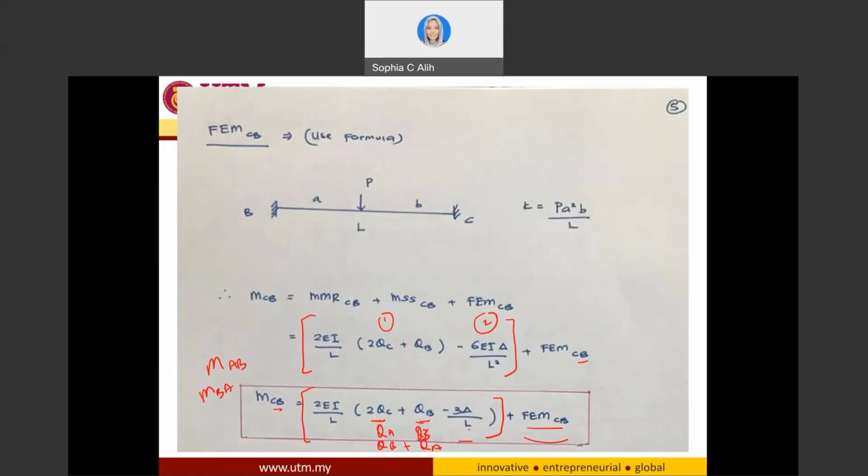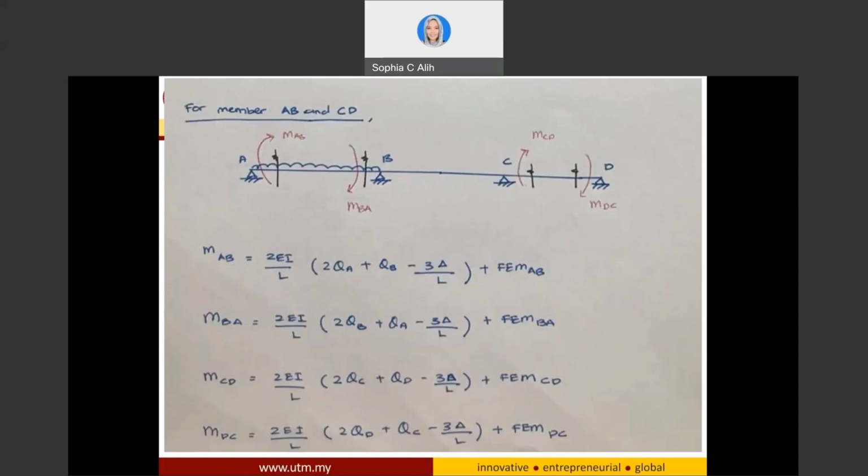And this one depends on the loading on the span of BA, right? This is what I meant just now.